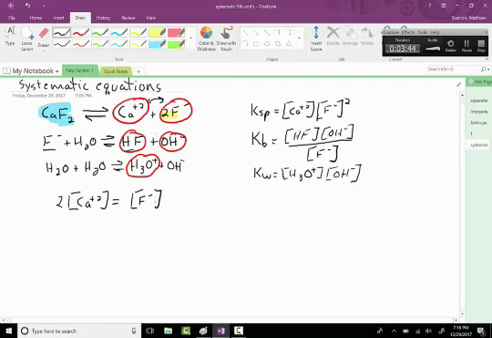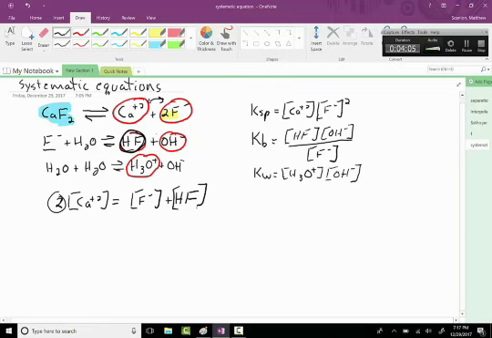But some of the fluoride went to make HF right here, and so I have to add that in, plus the concentration of HF. I have the 2 over here because the fluoride is twice as concentrated as the calcium. So there's another equation, and that's a nice one because I didn't add any unknowns.